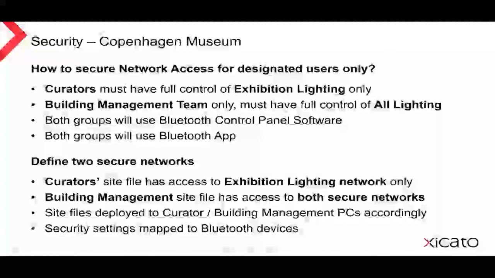So the solution here is to deploy 2 secure networks and define access to each within the control panel site file and within the Bluetooth app. The curator site file has access to the exhibition lighting network only. The building management site file has access to both exhibition lighting and emergency lighting networks. These secure networks are then mapped onto Bluetooth devices for the respective departments.